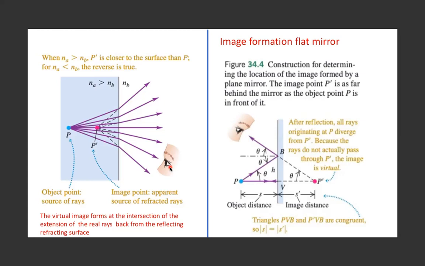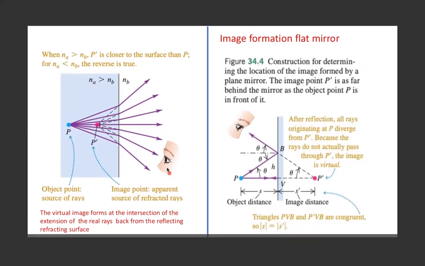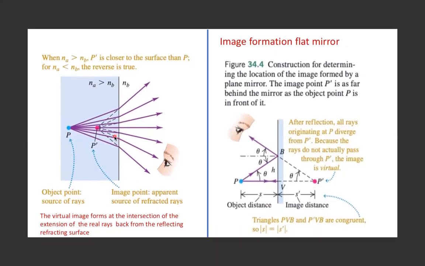I'm not going to get into that because that's a whole complicated matter in itself, but that's the way we do it. The difference in angle gives you this perception of where the actual object is located, okay? So whenever you see a fish from the surface, it's not where you see it, it's much deeper.